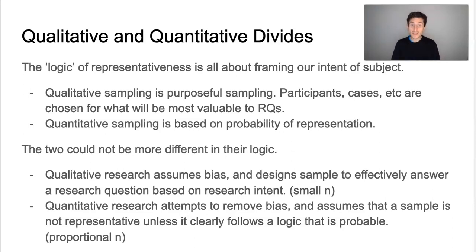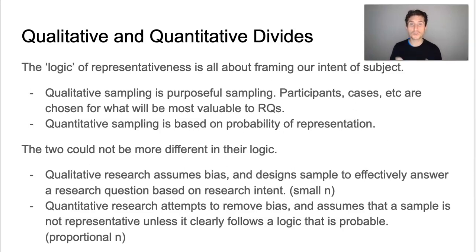Now, quantitative research is really working from a position in which it's going to assume that we can reduce bias, and that if we do our sampling well enough and we run our statistics as rigorously as we can, then we have the ability to almost remove the bias. Now, this is going to assume that a sample is representative if it follows a logic that is probable, right?